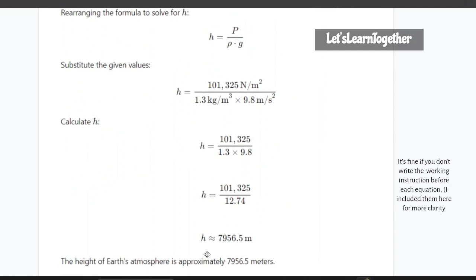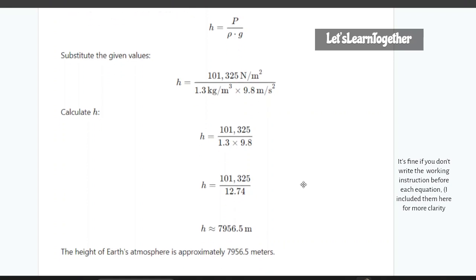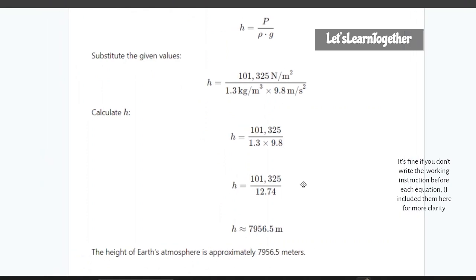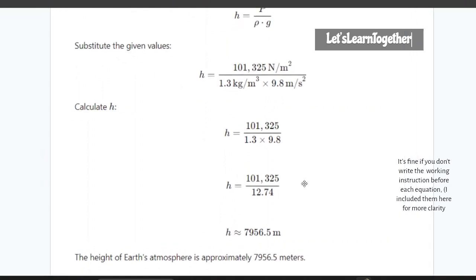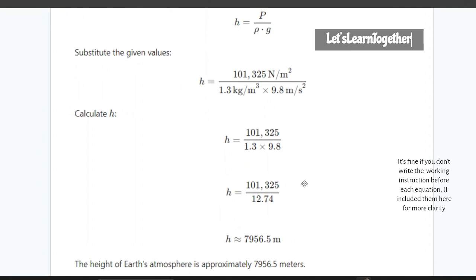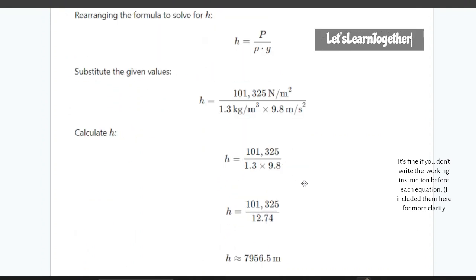And ultimately, the answer you will get is 7,956.5 meters. That means this is the height of Earth's atmosphere. I guess you have seen this answer as well.